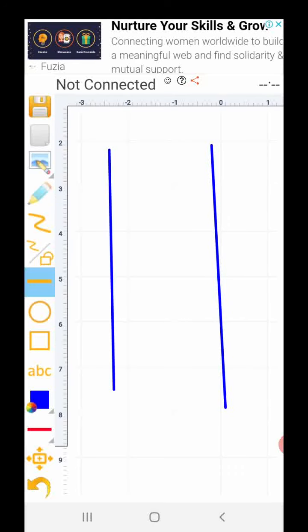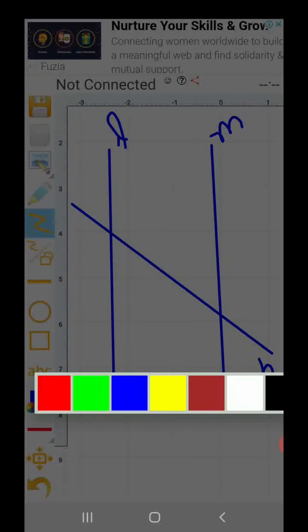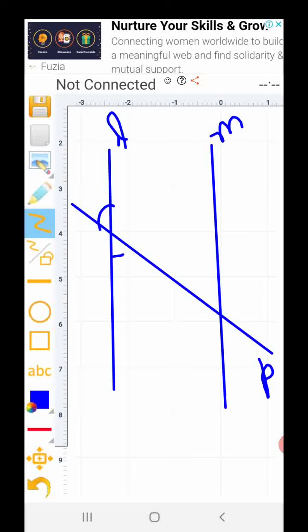Suppose the line is this way, and another line cuts these lines this way. Suppose this one is L, M and this one P cuts in this way. Then we also say that this angle and these angles are equal. These 4 angles, 1, 2, 3, 4, are always equal.